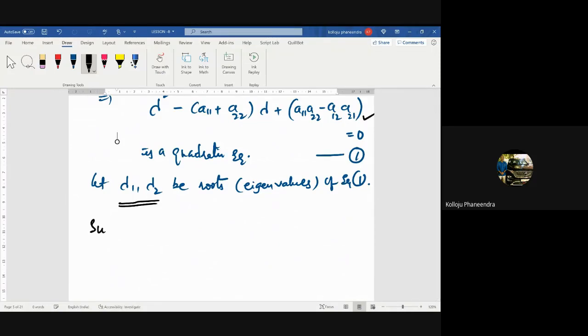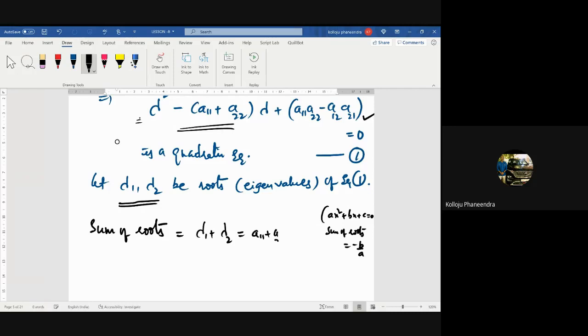What is the sum of roots? Lambda 1 plus lambda 2. You know the property: for ax square plus bx plus c equal to 0, the sum of roots is minus b by a. Here the a value is 1, and the b value gives A11 plus A22.